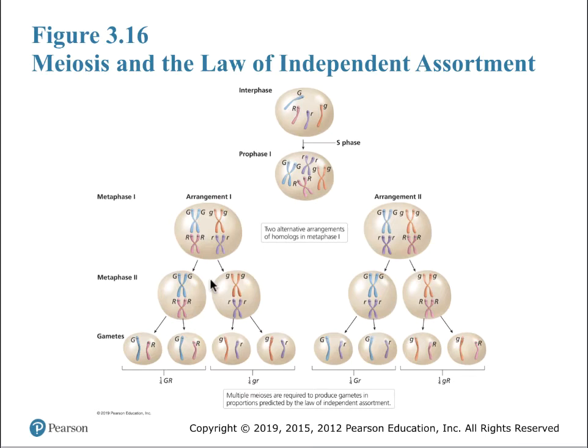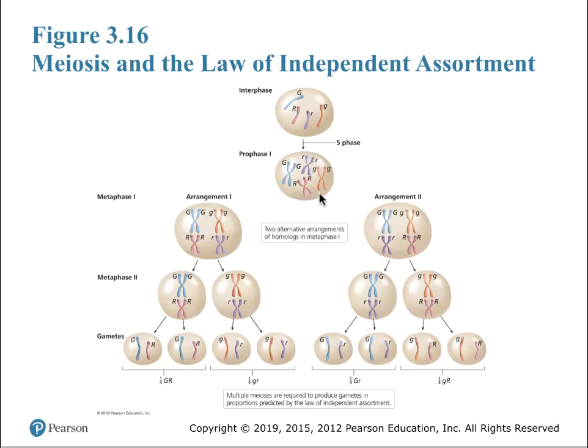As meiosis takes place in his testes, the germline cells will then be possible to segregate the chromosomes in 2 fashions. The first is where the chromosomes line up such that the big G and the big R are on the same side of the metaphase plate. That's one possibility, and that will happen in about half of his sperm-producing germline stem cells.